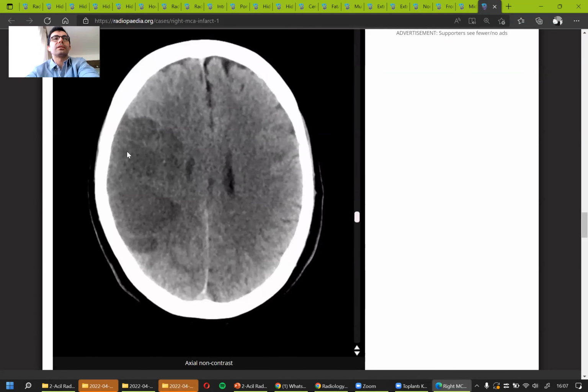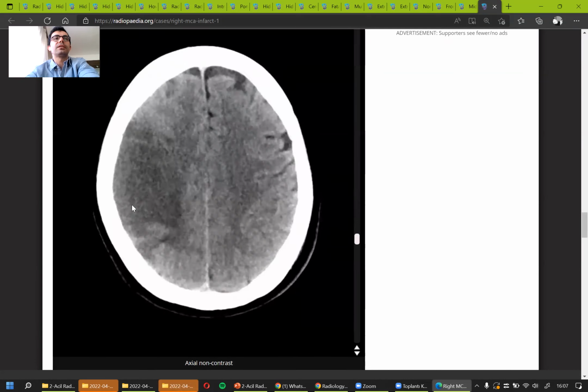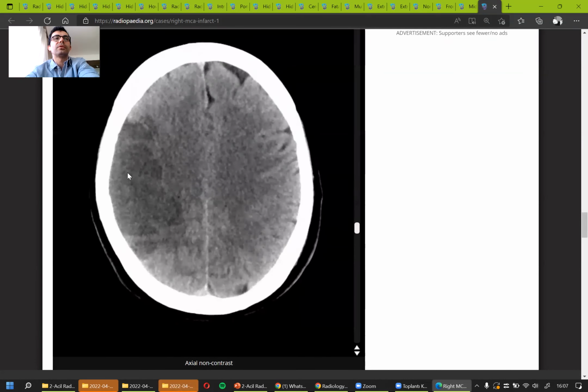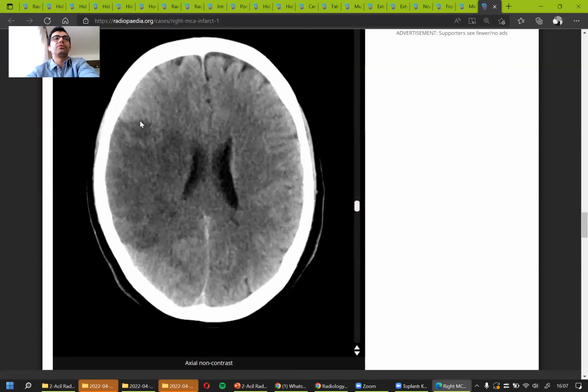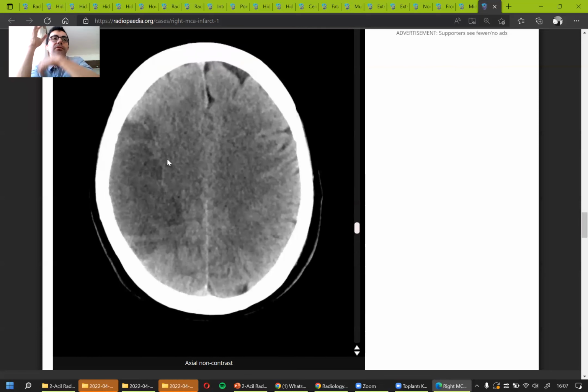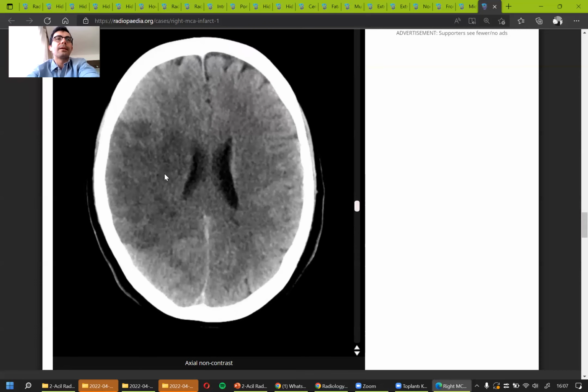The sulci are indistinguishable. The gyri are indistinguishable from one another. When there is edema, the density is getting lower because the water inside this tissue is increasing, right? If the water is increasing, it should look more like cerebrospinal fluid, so it is getting darker.